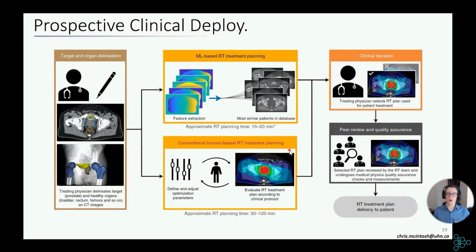Every single prostate patient that came into the hospital ended up with a manual treatment plan and a machine learning-based treatment plan. Then the clinicians would do a blinded head-to-head comparison between the two plans, decide which plan they liked more, and that plan would go through peer review and quality assurance, just like every clinical plan does at the hospital. It'd be selected for treatment, and when selected, it would go forward and actually treat the patient.